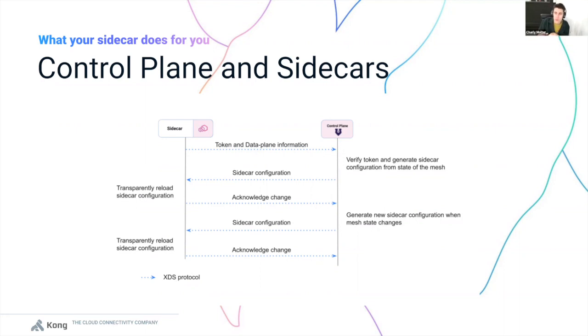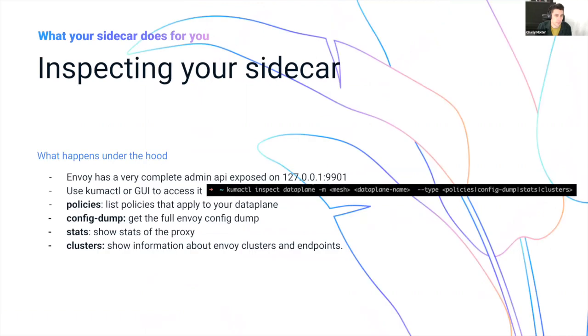You probably don't want to restart everything when things are burning. So whenever the state of the mesh is going to change again, the control plane will regenerate this configuration and push it again to the sidecar. This is done in a loop, and you don't really have to do anything on your side. This is all dealt with by the service mesh.